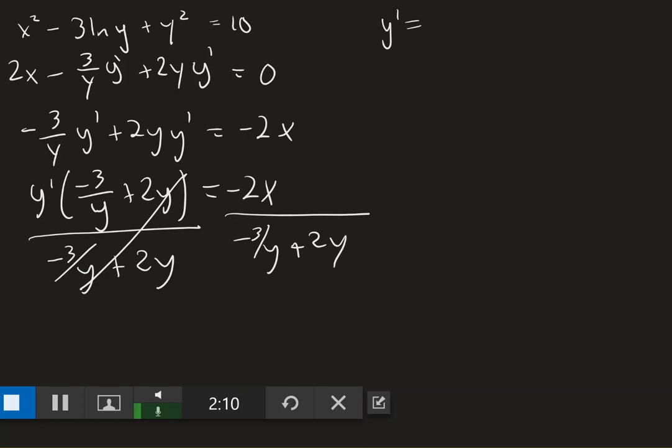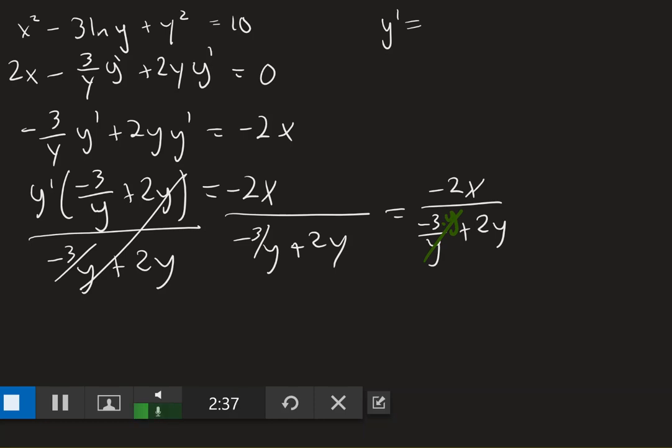And so this gives us, we're down to negative 2x over negative 3 over y plus 2y. And technically this is a complex fraction. We've got a smaller fraction within a bigger fraction, so we really should at least get rid of this smaller fraction. This would not be a smaller fraction if I came through and multiplied it by a y.